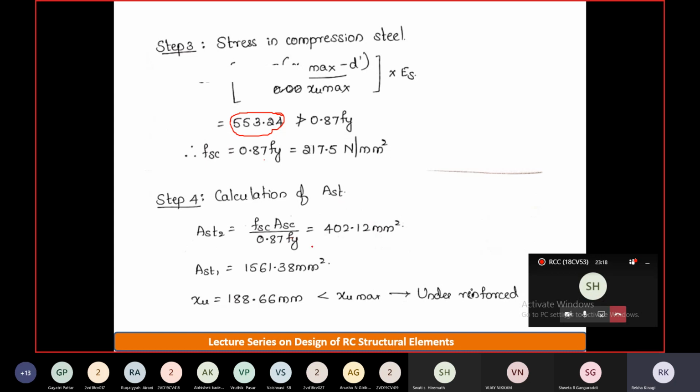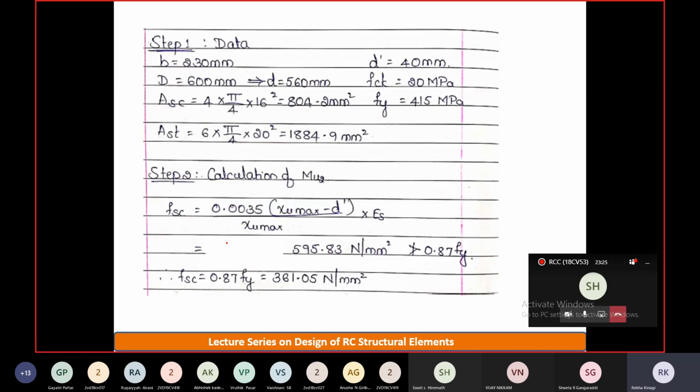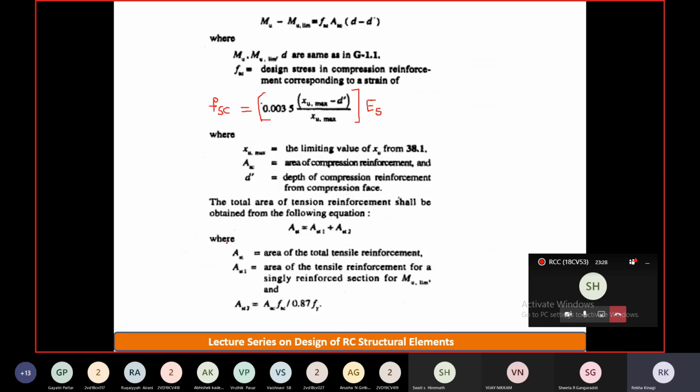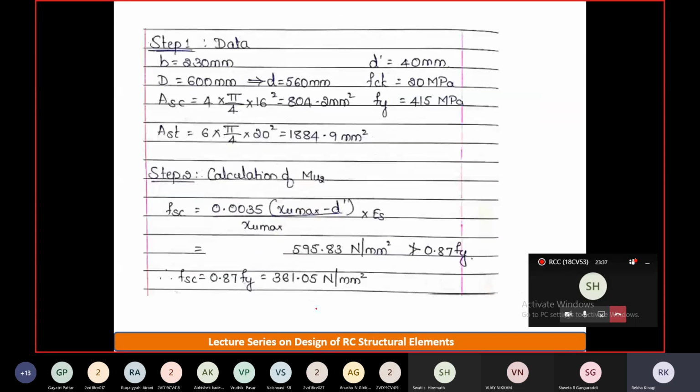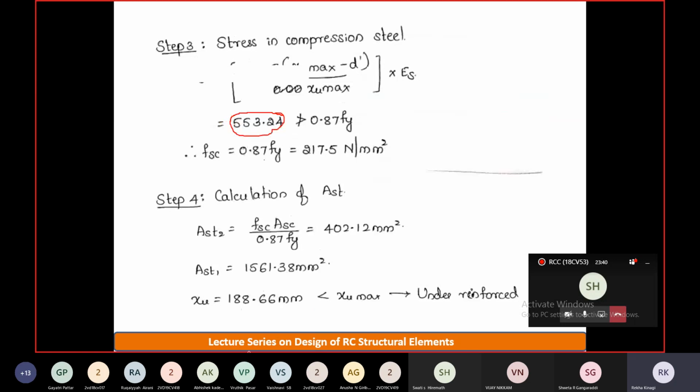Now let's calculate AST2. AST2 is equal to FSC ASC divided by 0.87 Fy. Again, this is given in the IS code book. The FSC value has already been calculated, that is 217.5.